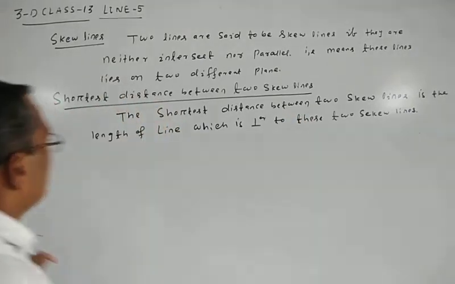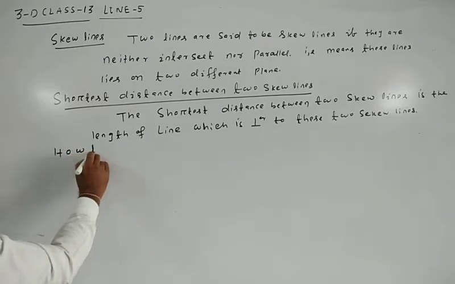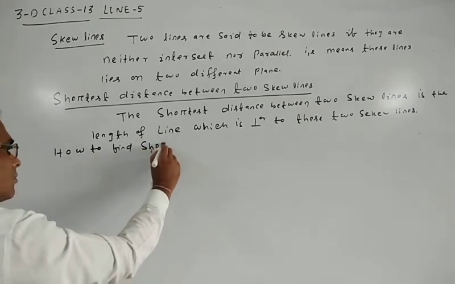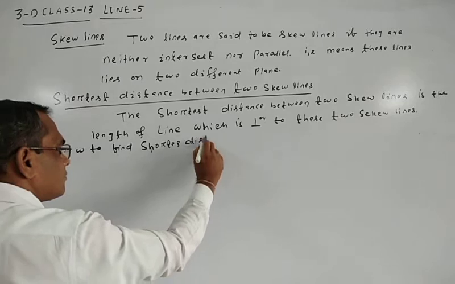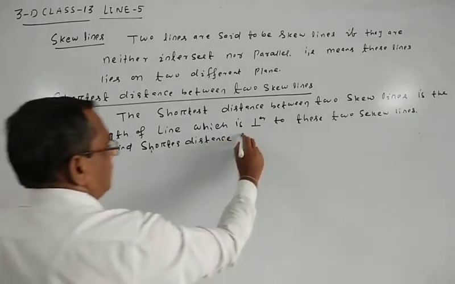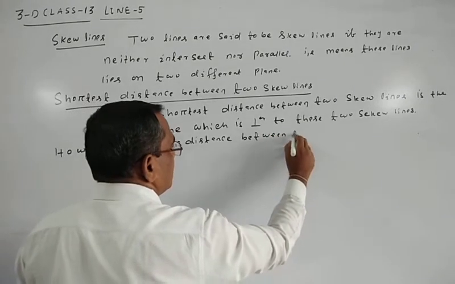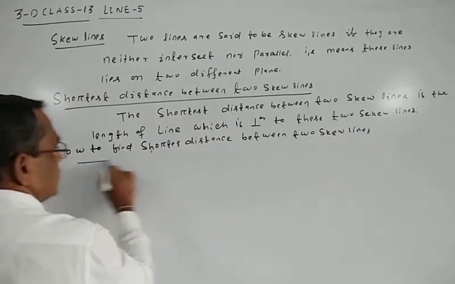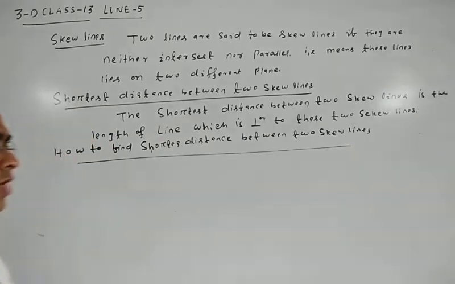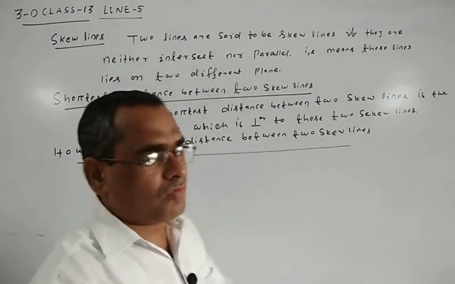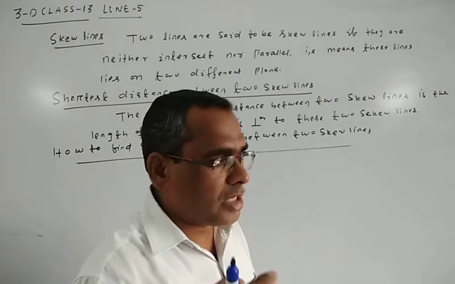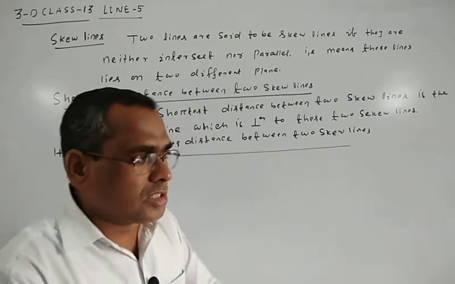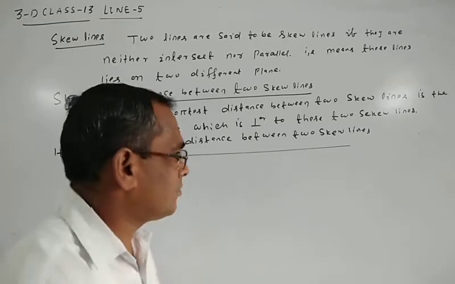How to find the shortest distance between two skew lines, and also find the equation of the perpendicular line which gives the shortest distance between these two lines.